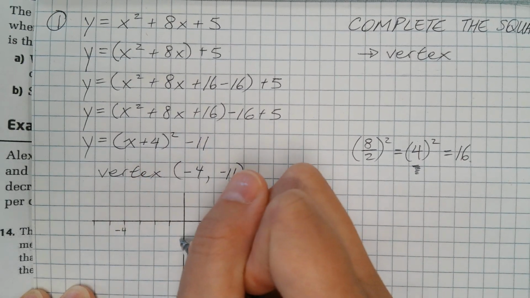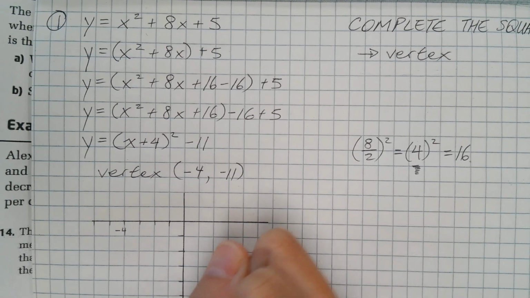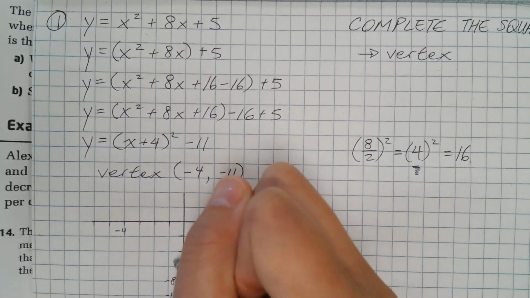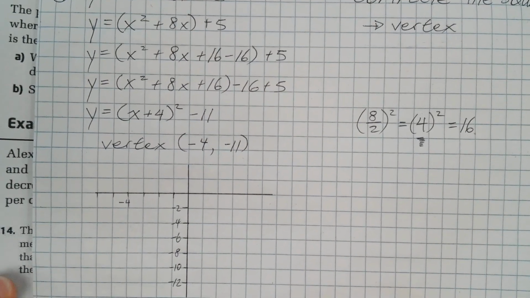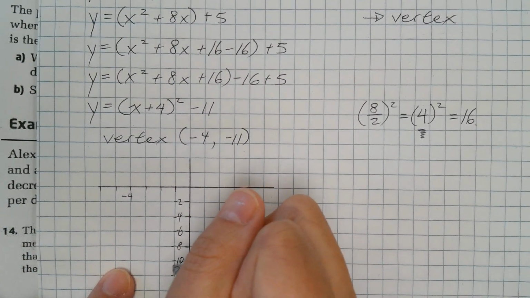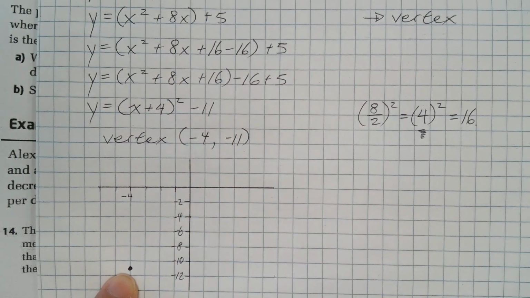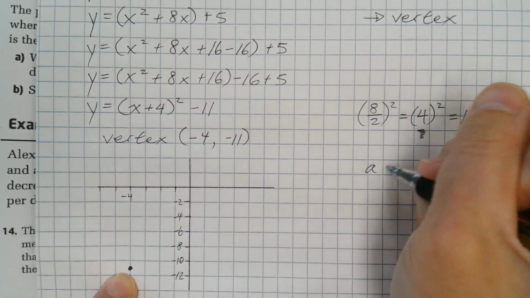Negative 4 is here. 2, 4, 6, 8, 10, 12. Okay, so negative 4, negative 11. My a, as Eiko said, was 1.